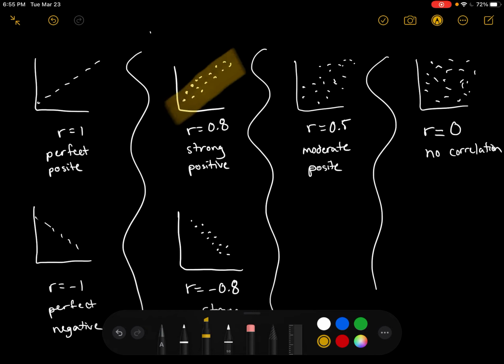I think a pretty common mistake is if people see like, oh, it's off the line, it's a 0.2. Something like this, I think what people commonly say is, it's not perfect, so I'm going to make it like a 0.5 or a 0.6. That's a pretty good line. They're pretty close to each other. There's not all that much variance. There's no outliers, things like that. So don't be a super harsh judge.